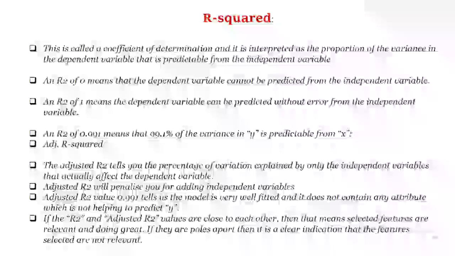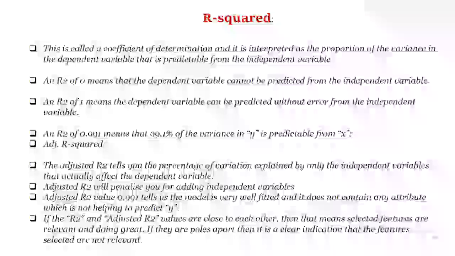If you are adding more variables to predict, it will give you a penalization. Okay, it will penalize the model. It means that you cannot keep increasing variables. Possibly, if you decrease a few variables, the model is going to give you a better result. So the adjusted R square value will penalize you if you increase the number of independent variables.